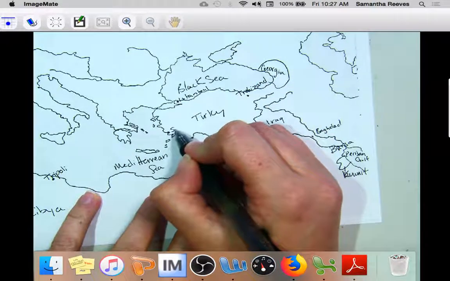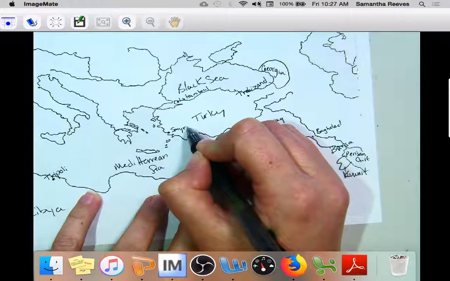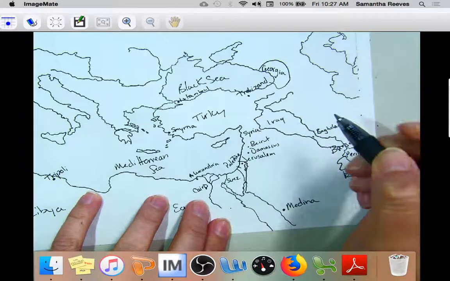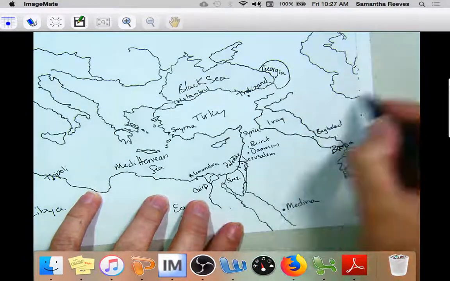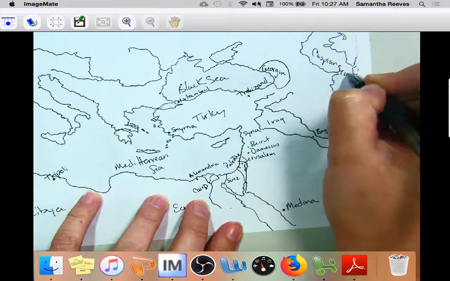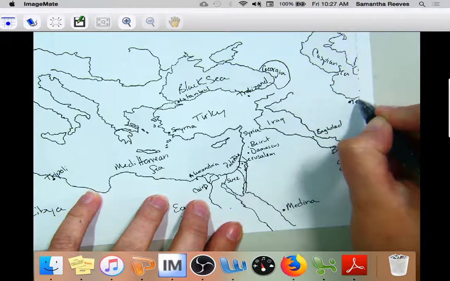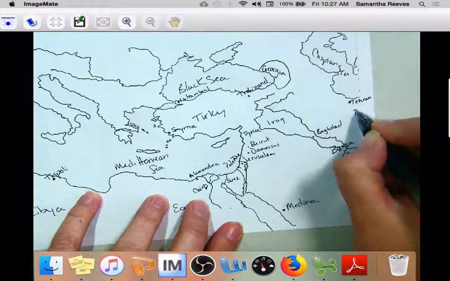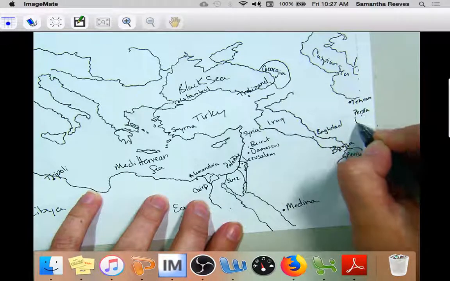Smyrna. Caspian Sea. Tehran. Persia, in parentheses, Iran.